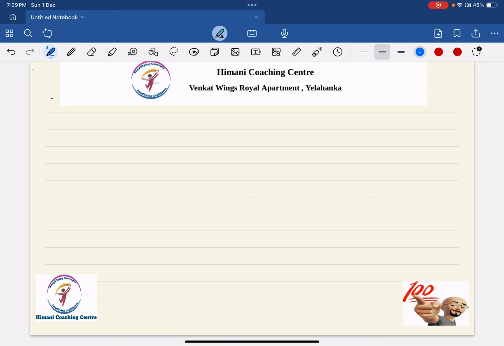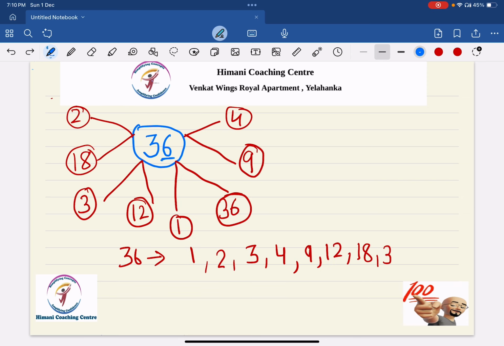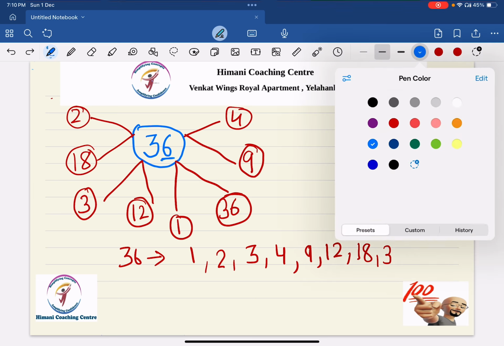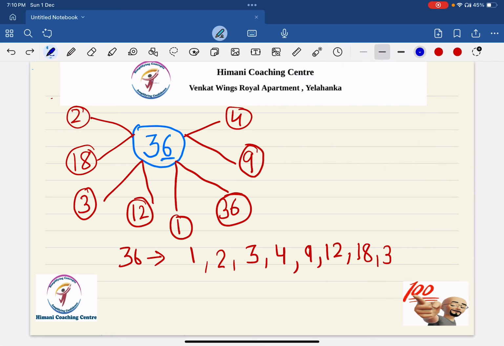Now, when we talk about factors, we also talk about prime factors. The next topic in factorization is that we want to know only the prime factors. Okay, how will we know that? See, I have come back to this 36. We know all the factors, but what are the prime numbers out of these?